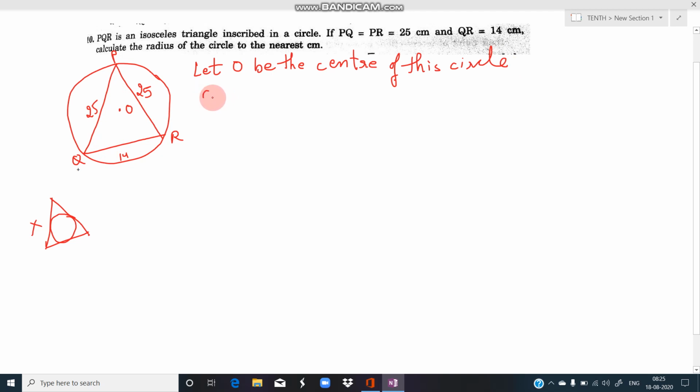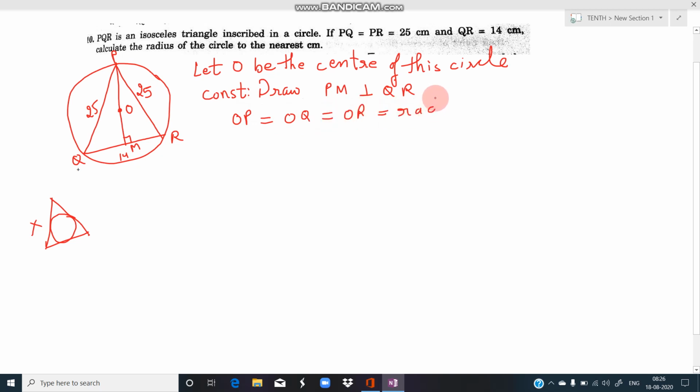Next we do one construction, that is we draw PM perpendicular to QR. So what I have done here, we have drawn PM perpendicular to QR, isn't it? Now if this O is the center, then OP and OQ and OR, what will be they?